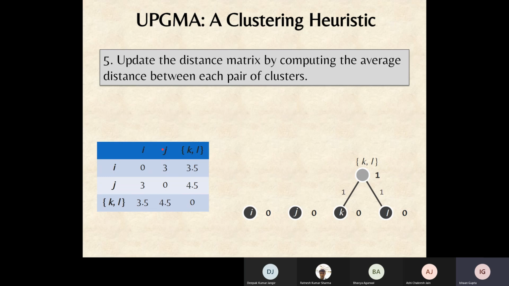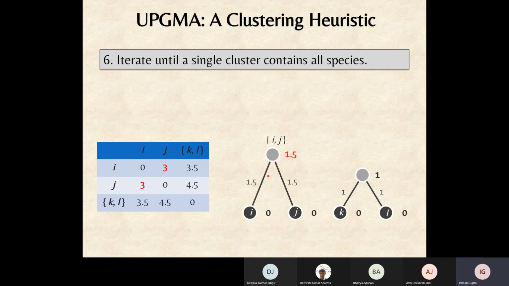Now the next shortest distance is I and J, right? So you put an internal node for I and J. You distribute this distance 3; because it's the arithmetic mean, it's distributed as 1.5 on both sides. This internal node is 1.5 mutations away, taking some metric.